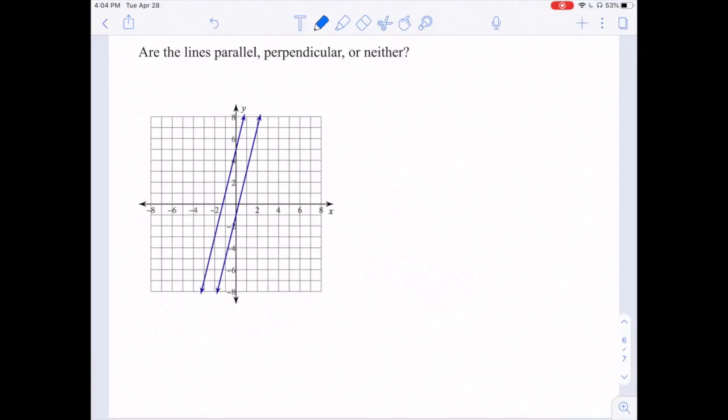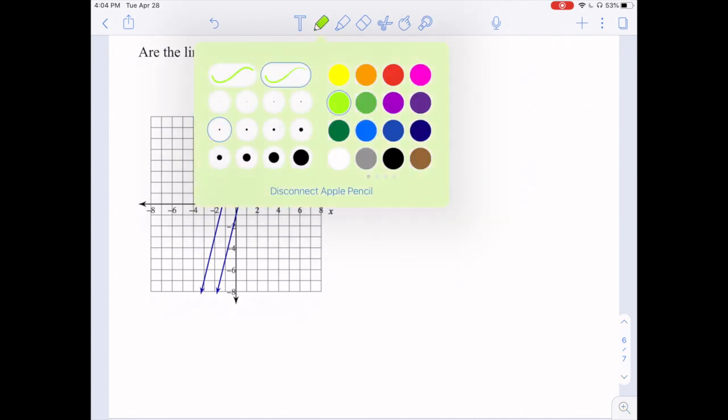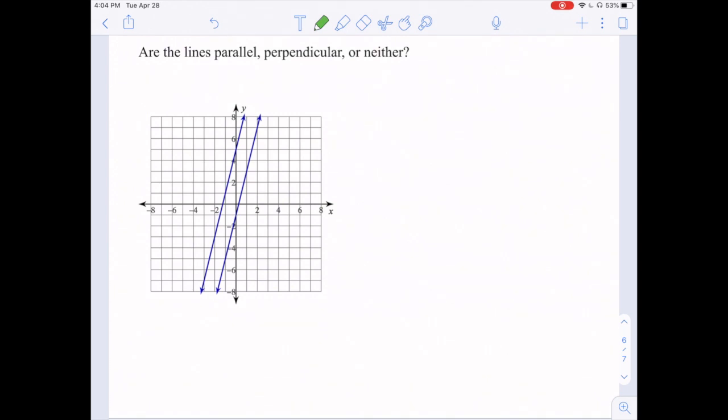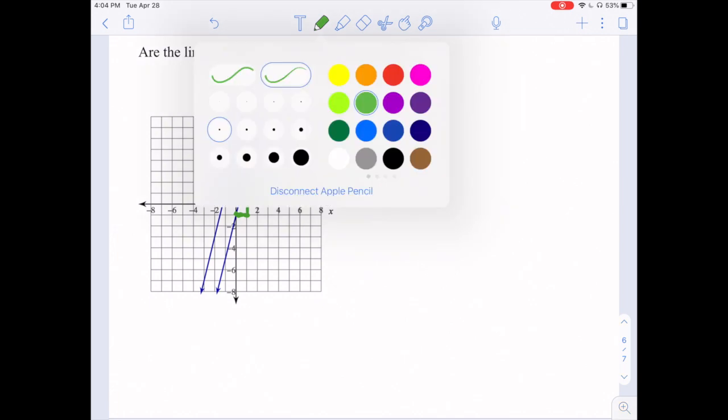Let's determine if these lines are parallel, perpendicular, or neither. So I'm going to select points on my lines. Okay, it crosses exactly there and here as well. So if I form my triangle, it's going over 1, up 1, 2, 3, 4 for my first line.